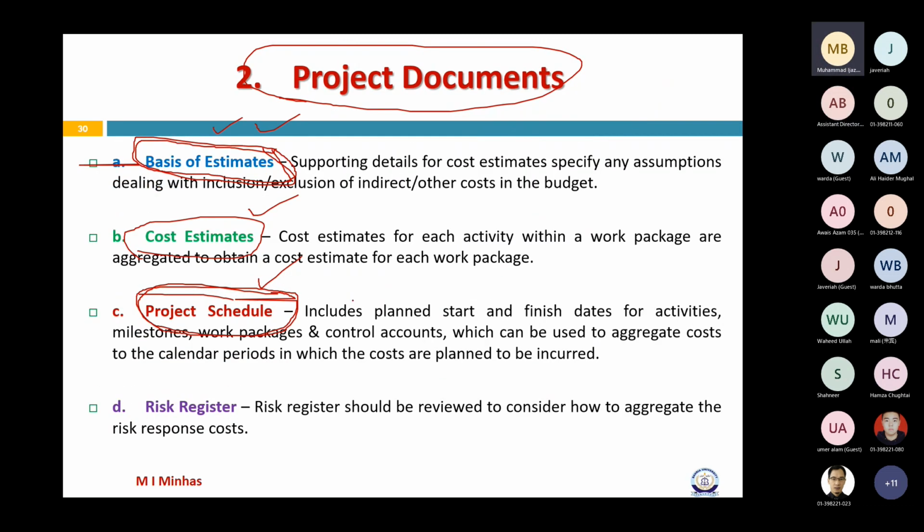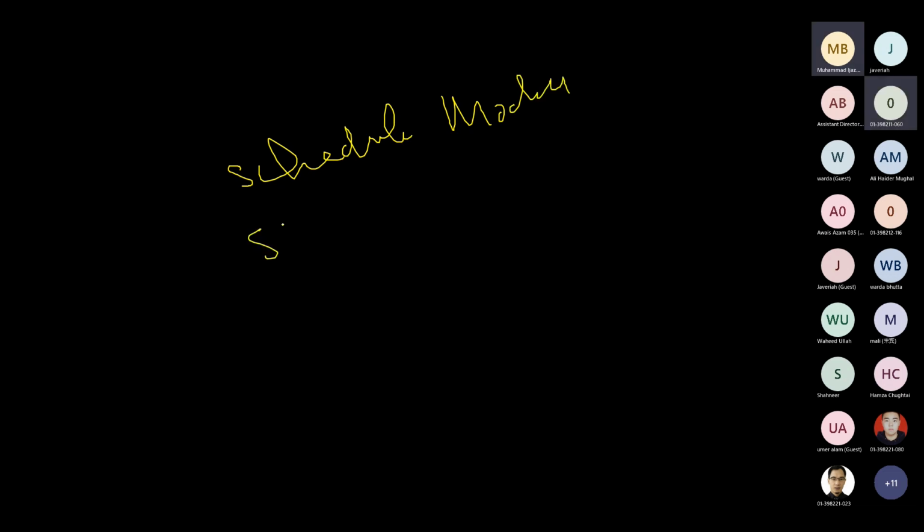Now this brings us to another concept, and that is there's a difference between 3 things. One is schedule model, second is schedule baseline, third is project schedule.